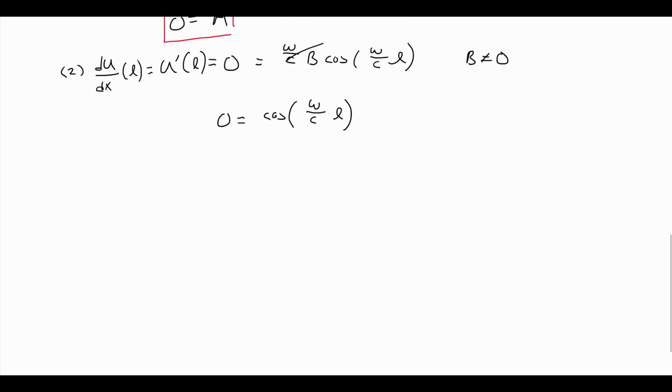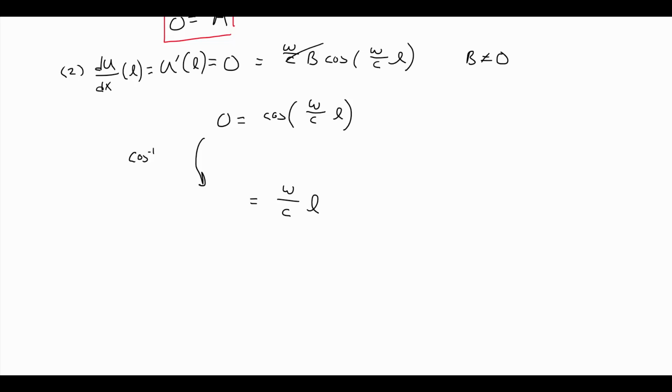So now we have this cosine on the right-hand side. We want to free this omega. So I want to take the arccosine, or the inverse cosine, of both sides. The right side is easy because that is just omega over c times L. And now I want the inverse cosine of 0. So when I take the cosine of what does it become 0? Well, the first time it's going to be pi over 2, but also 3 pi over 2 and 5 pi over 2.